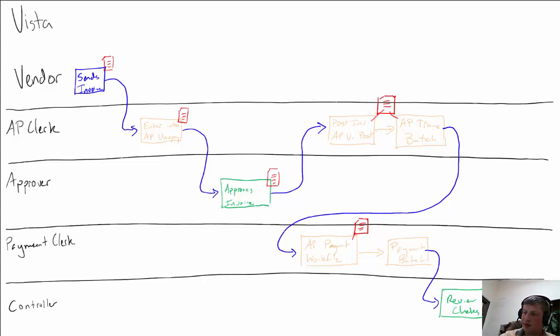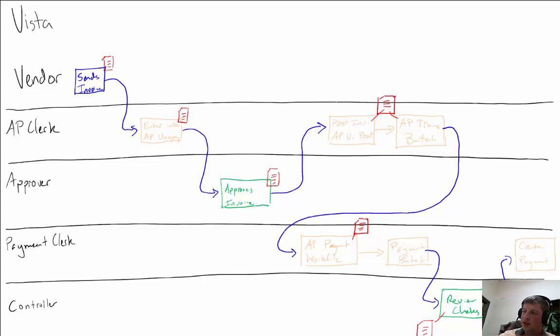Once the checks have been reviewed and approved, the payment clerk can create the payment. And one note here is that although in the payment batch you can't see it, at this point inside of Keystyle, the person who is reviewing the checks can actually see the original invoice.